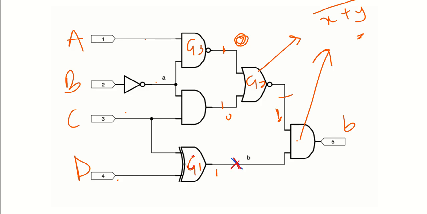In a NAND gate, which is x y, bar, if you always wish to output 0, then it means that both inputs have to be 1, right? So it means that we have to fix here to 1 and here to 1, so that this NAND gate will always produce a 0. Okay, so we are very fortunate. The backward step seems very consistent, right?